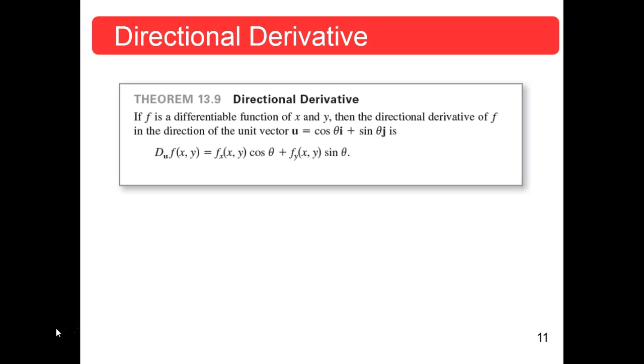If f is a differentiable function of x and y, then the directional derivative of f in the direction of some arbitrary unit vector u, which makes an angle of theta with the positive x-axis, so u is cosine theta i plus sine theta j, is D sub u of f of x y equals the partial of f with respect to x at x y times the cosine of theta plus the partial of f with respect to y at x y times the sine of theta.